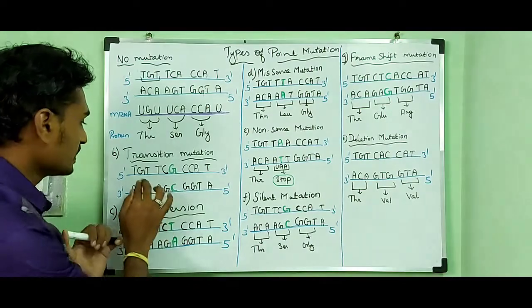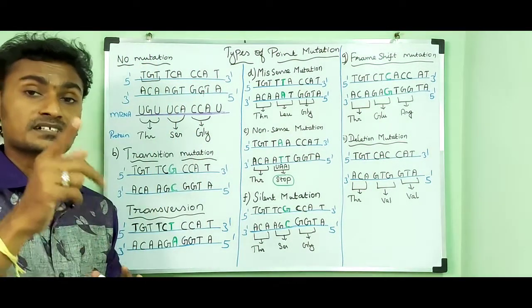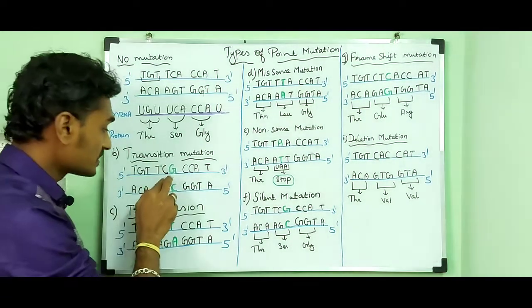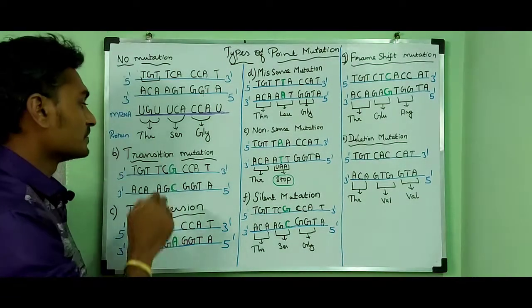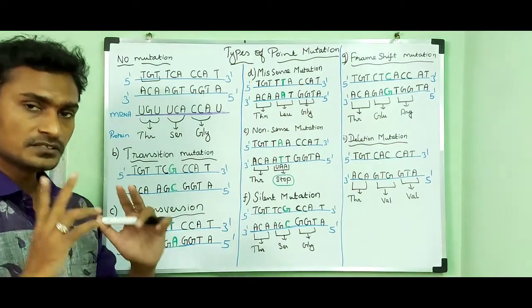Here the capital A is a purine base. It is replaced by another purine base, G. That process is called transition mutation.